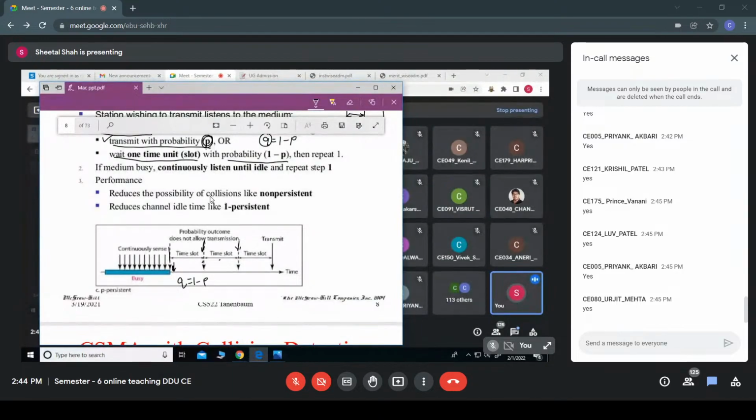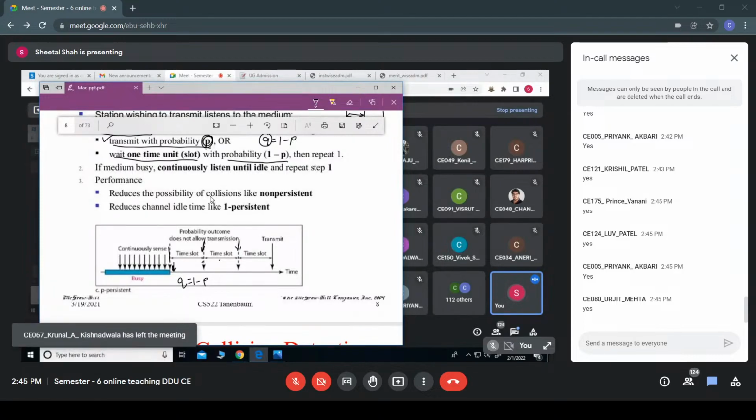If the channel is free, again the same procedure would be carried out. Any doubts in this? Okay, so by using P-persistent CSMA, it reduces the possibility of collisions.